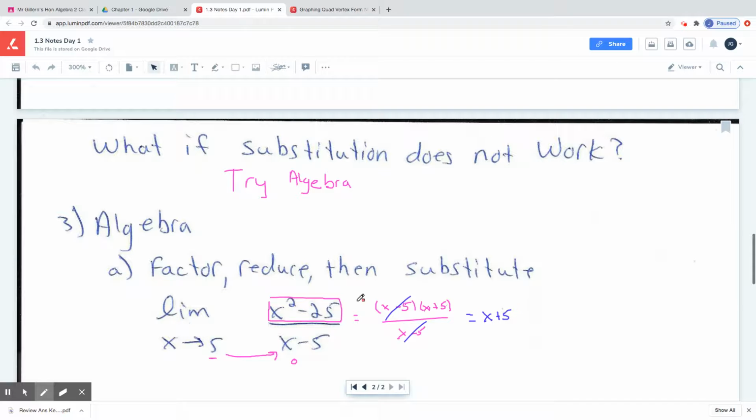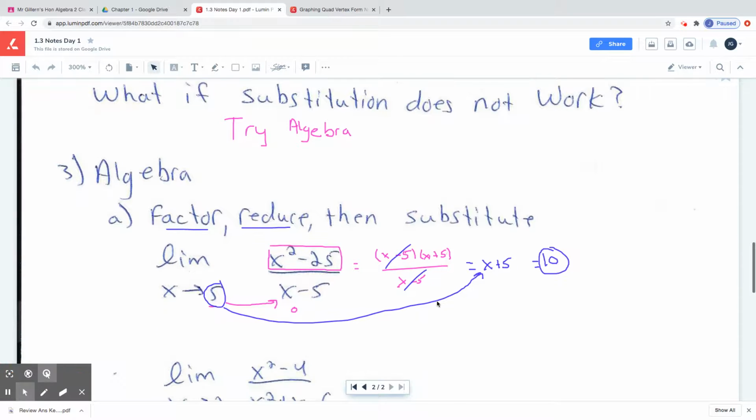So now we factored and reduced. Now let's substitute in the 5. 5 plus 5 is 10, and there's our answer. So when substitution doesn't work, we still eventually substitute. We just do some algebra first, then go back and substitute. So I get 10.